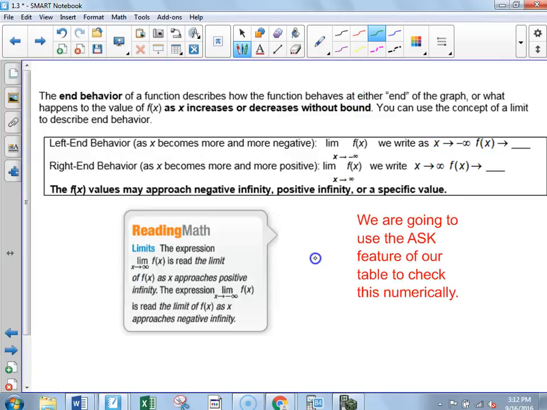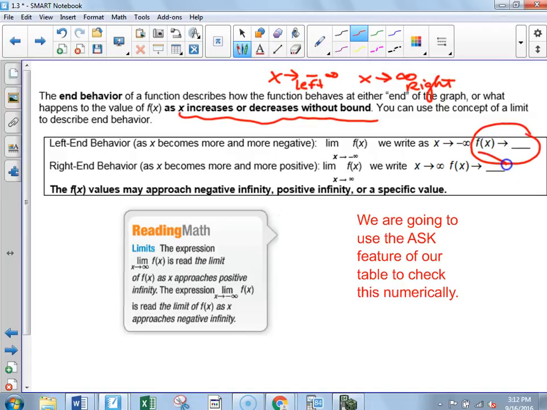All right, so let's talk about what you have on your notes. The vocabulary says as x increases or decreases without bounds, that means x is approaching negative infinity or infinity. This would be left. This would be right. They would say what is the limit approaching.